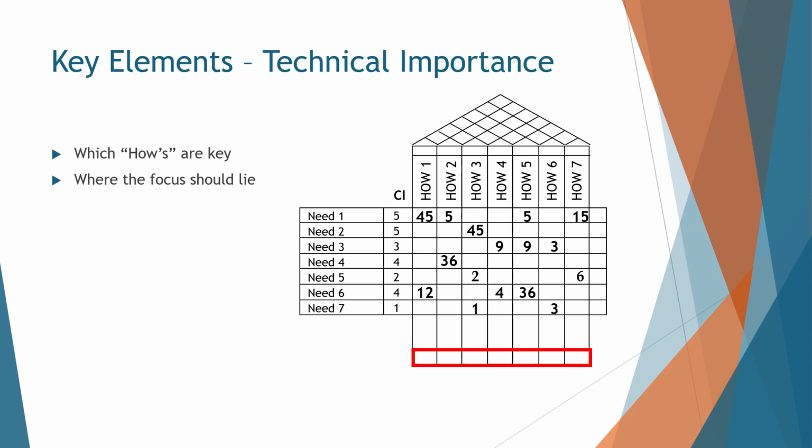Next, technical importance. Which how's are key, where the focus should lie. Benchmarking your own and others' products against the design measures which the team has established helps to define the level of performance needed to meet or exceed existing competitors. Performance benchmarking is a relatively expensive and time-consuming process in most industries.